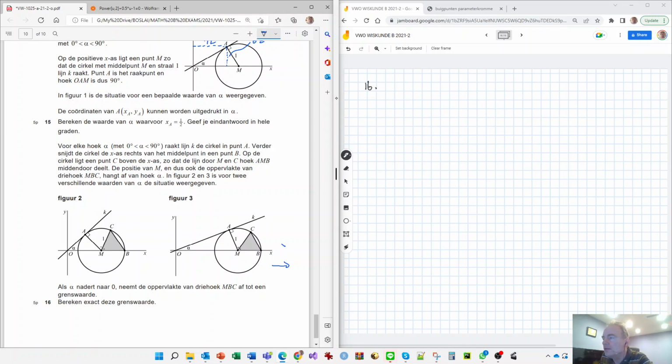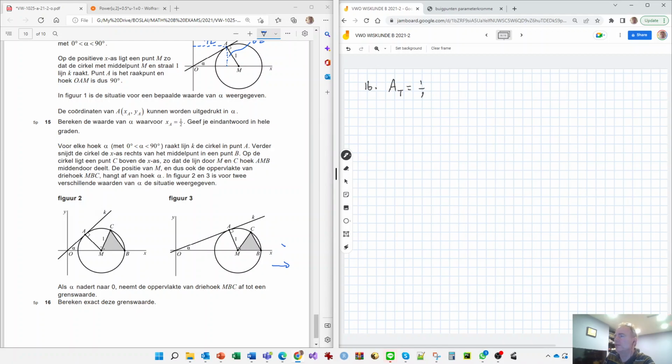Okay, well, what is the area? Let's call that T, not to confuse with this point A. The area of the triangle is half the base times the altitude.